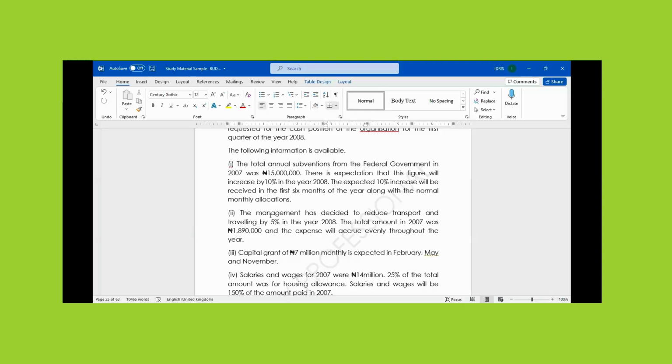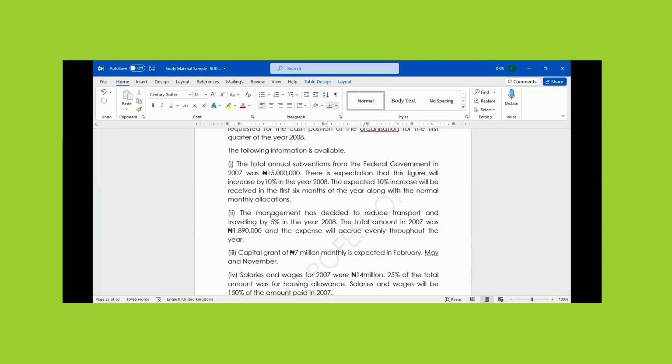The amount in 2007 was 1,890,000. And the expenses are evenly accrued throughout the year. That means you divide by 12, Abi? Yes.